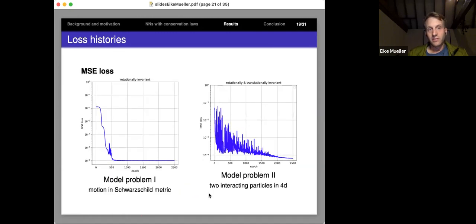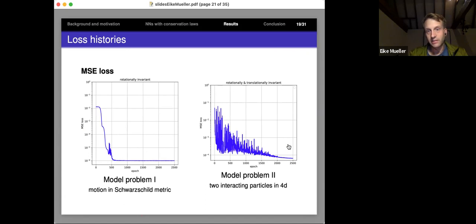Okay, so here are some loss histories. For the first model problem, that's this motion in the Schwarzschild metric, this is very small, but the loss goes down to 10 to the minus 6 relatively quickly, and then it stays there. So it can't go below the noise level. The second model problem is more complicated.